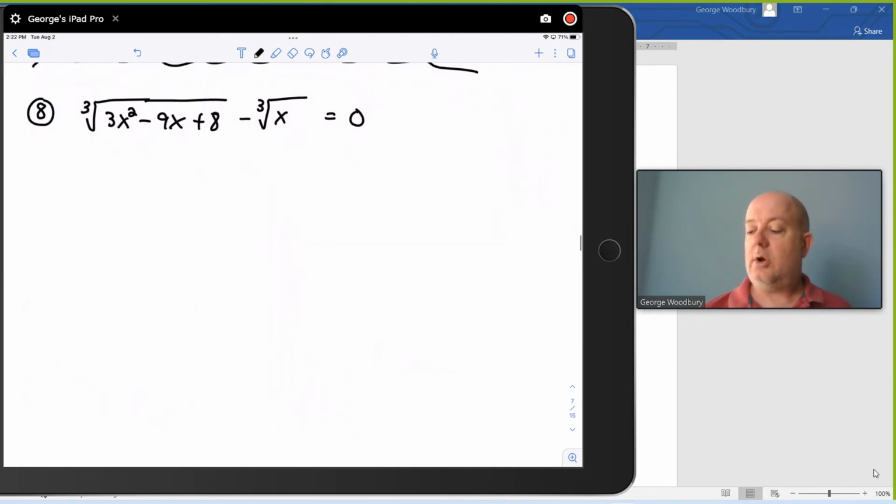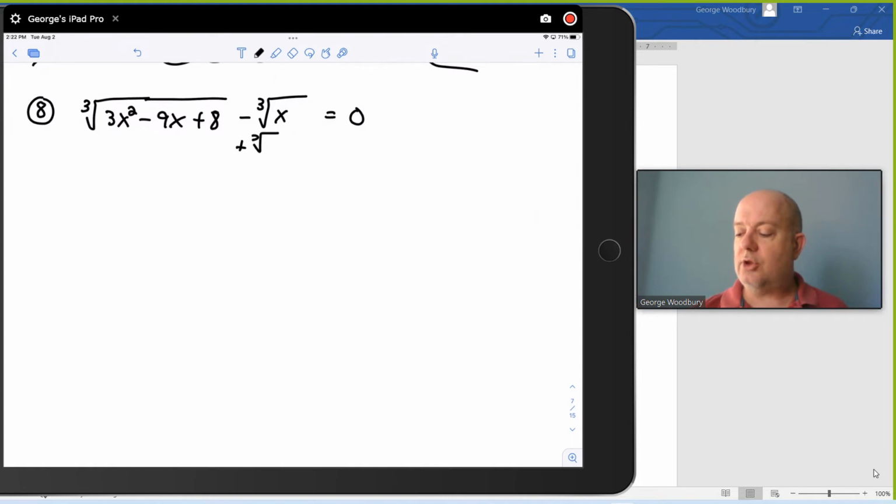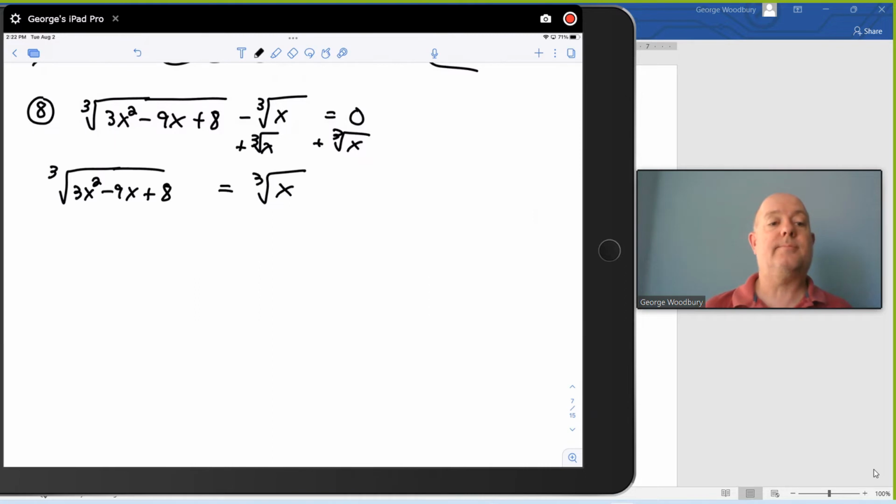All right, the first thing I need to do is isolate a radical alone on one side of the equation, and I can do that by adding the cube root of x to both sides of the equation. That leaves me with the cube root of 3x squared minus 9x plus 8 equals the cube root of x.